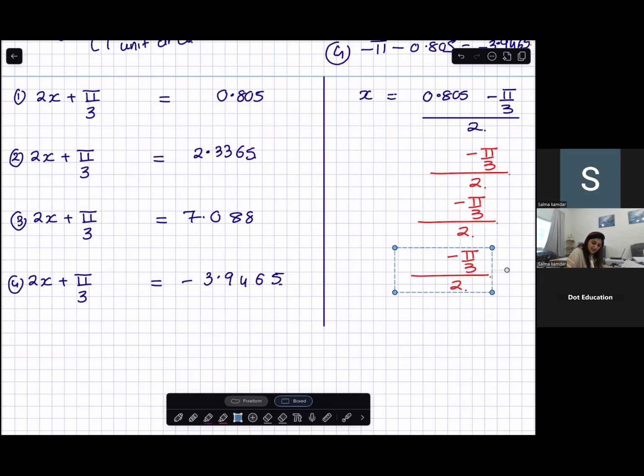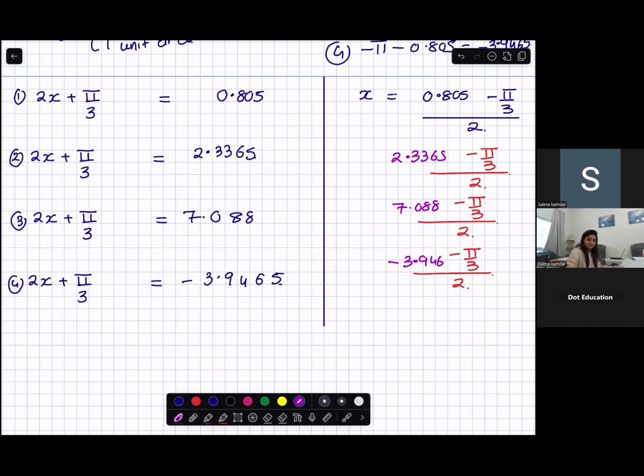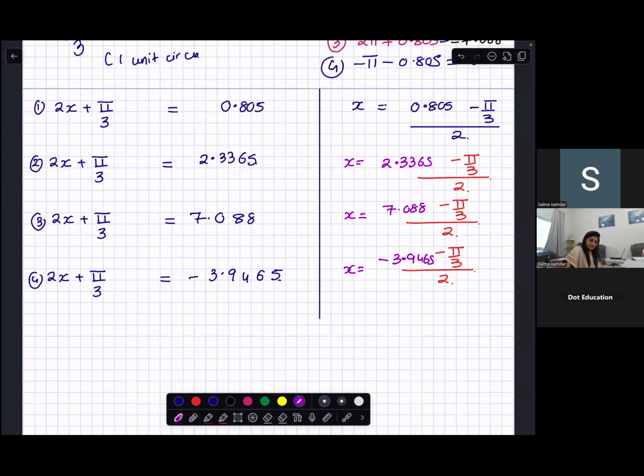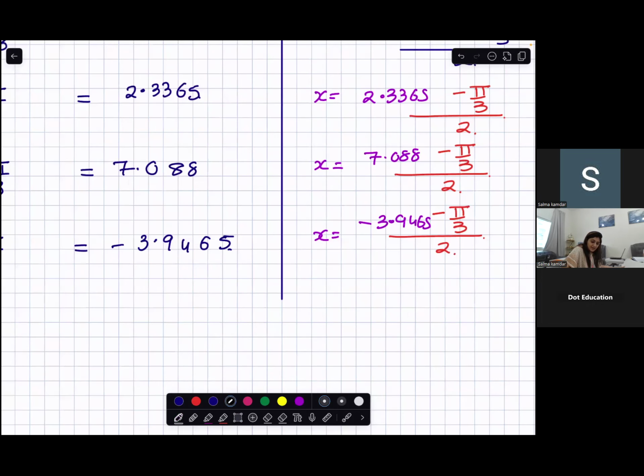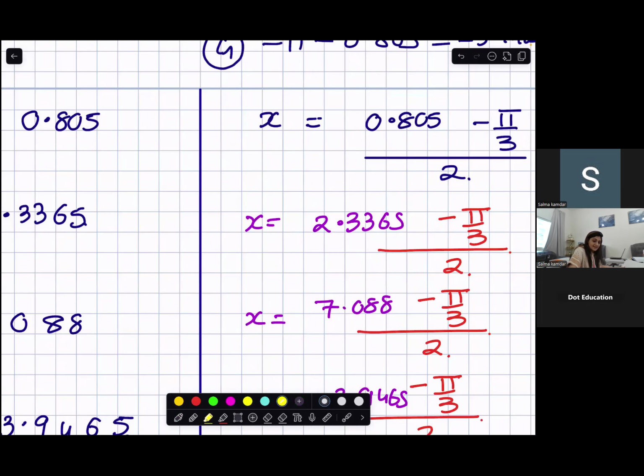So the values, whatever I'm getting, this is going to be 2.3365, 7.088, and minus 3.9465. So I'll get 4 x's, and those are my angles that I'm looking for.